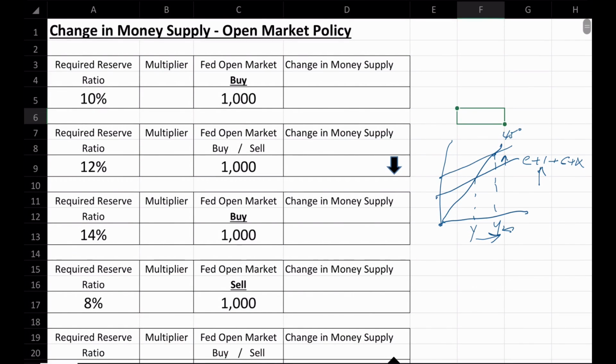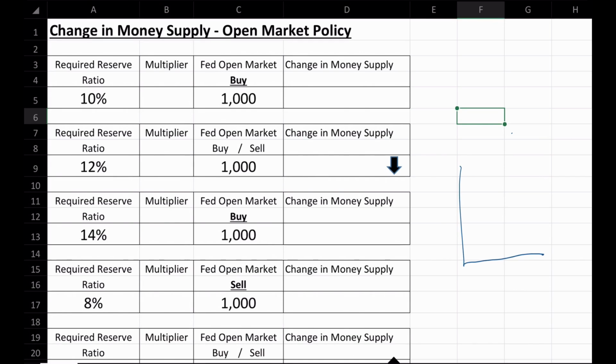So let me erase this mess here. And if businesses borrow more money, let's look at aggregate supply and aggregate demand. So here's our aggregate demand, aggregate supply, and this is short run. Let's say we're right here.